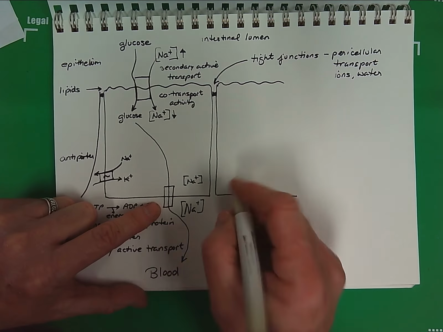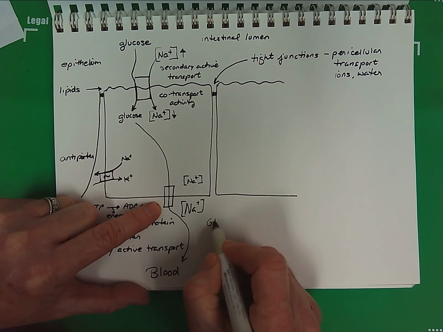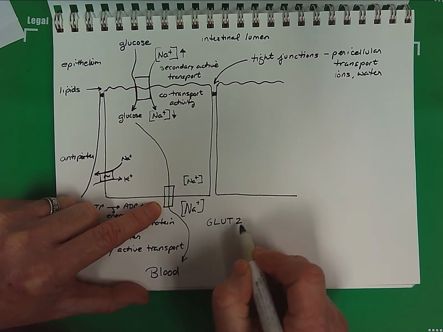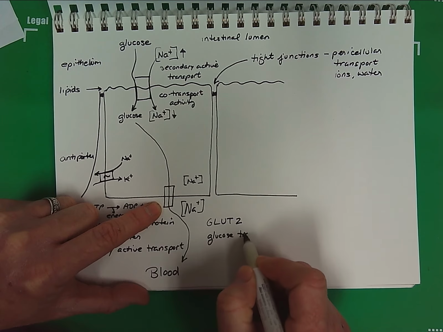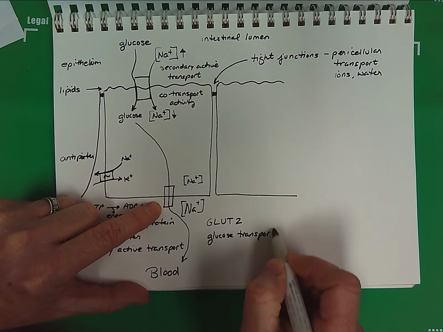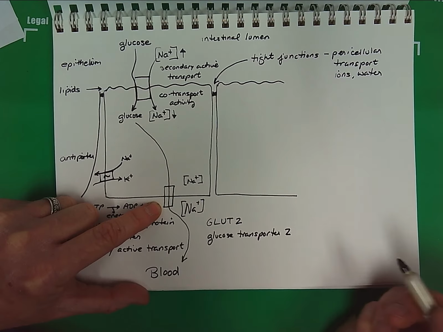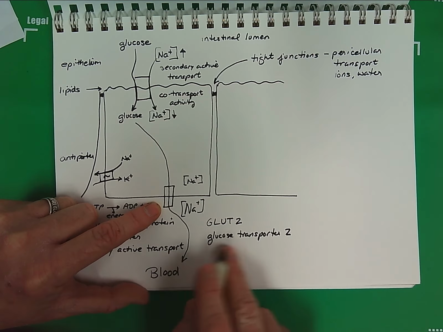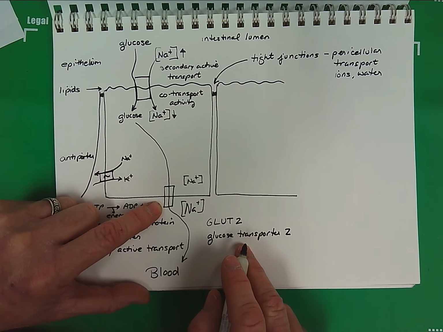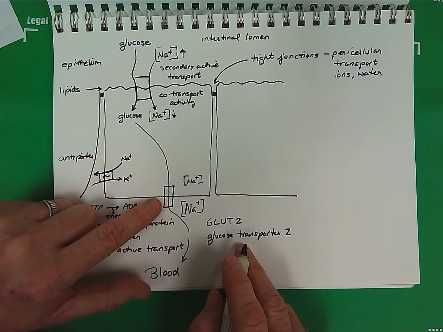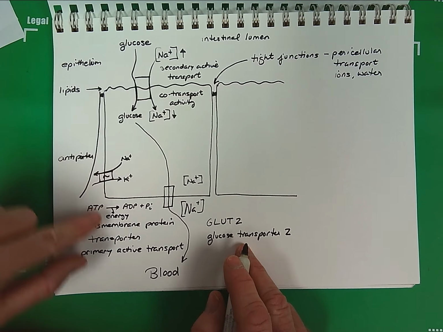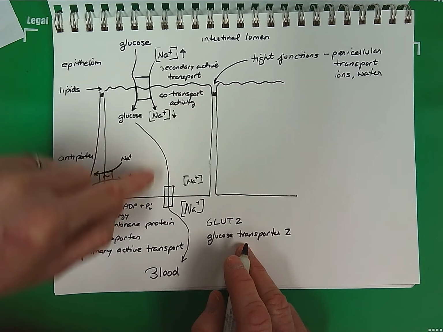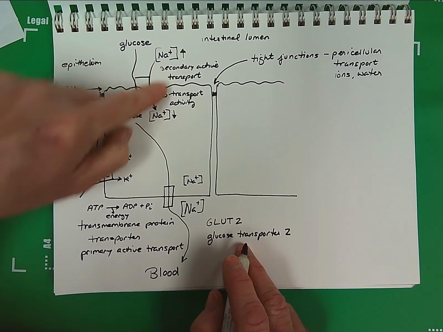This particular transporter is called GLUT2, for glucose transporter number 2. This does not require ATP. It also does not require a gradient established by a primary transporter, so it is not secondary active transport.